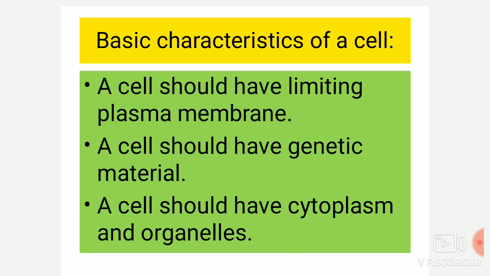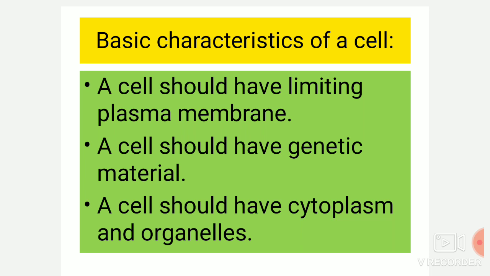For that, the first thing, a cell should have a limiting plasma membrane. Then only can we consider it a cell. Second, the cell should have genetic material to pass the characters from one generation to another. And third, a cell should have cytoplasm and organelles to perform all the functions smoothly.